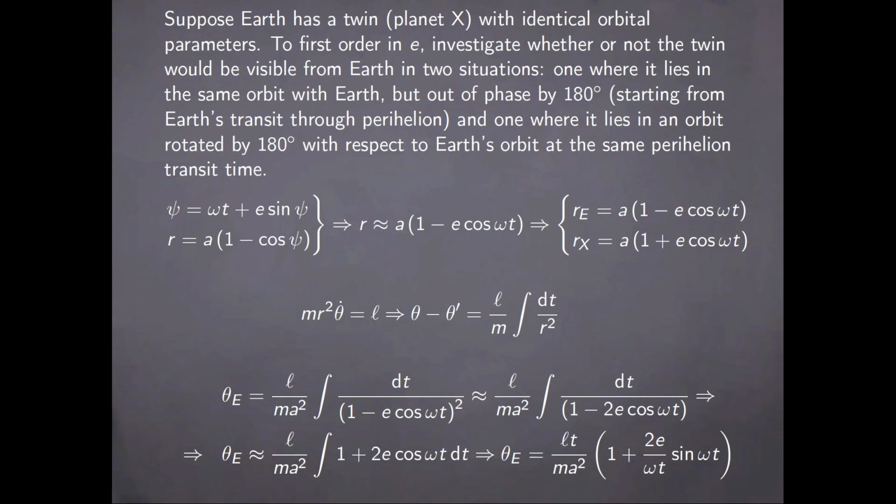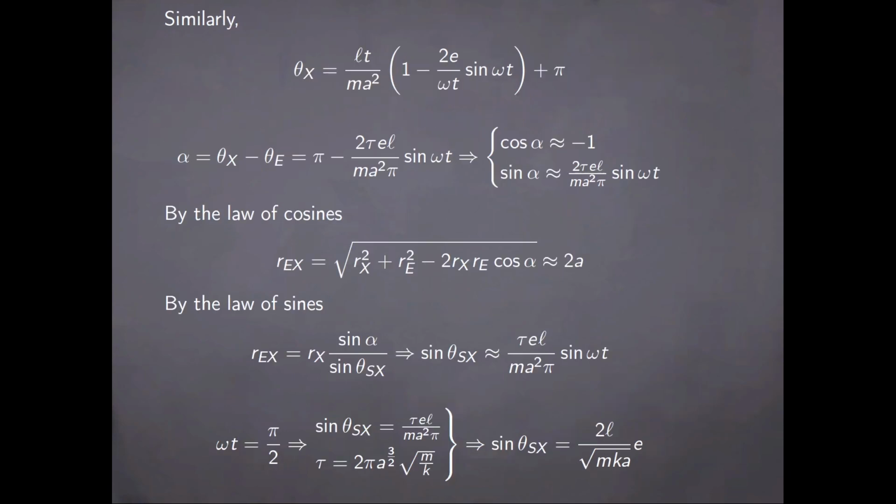And this is of course a very straightforward integration, which gives the polar angle of the Earth as a function of time through this expression. Similarly, we can work things out for the polar angle of planet X in order to obtain the result here.